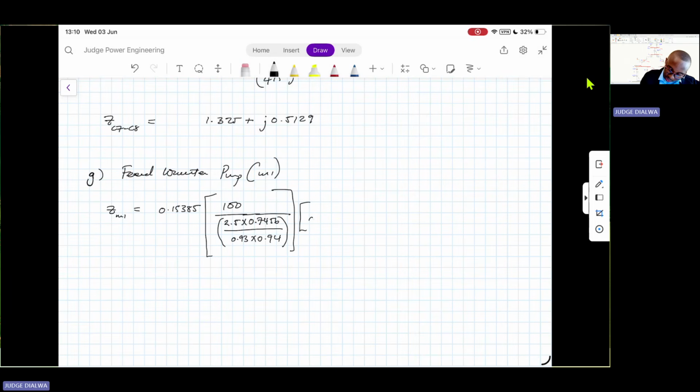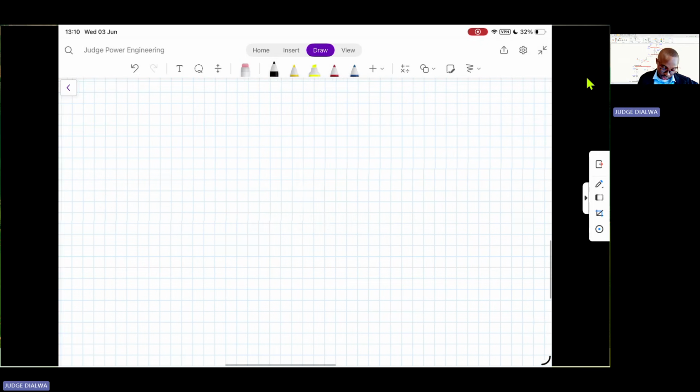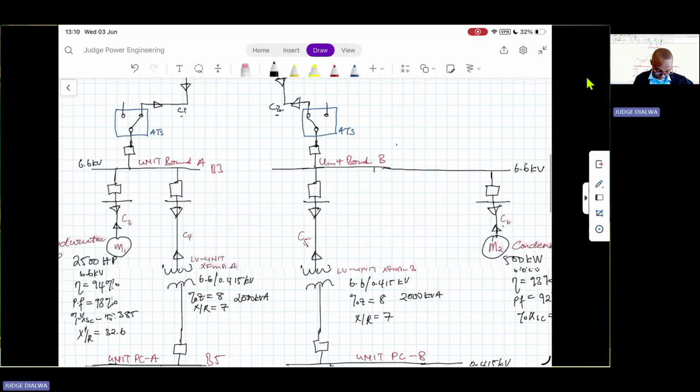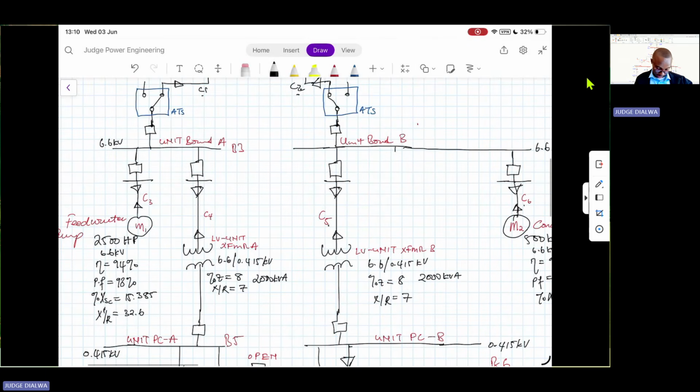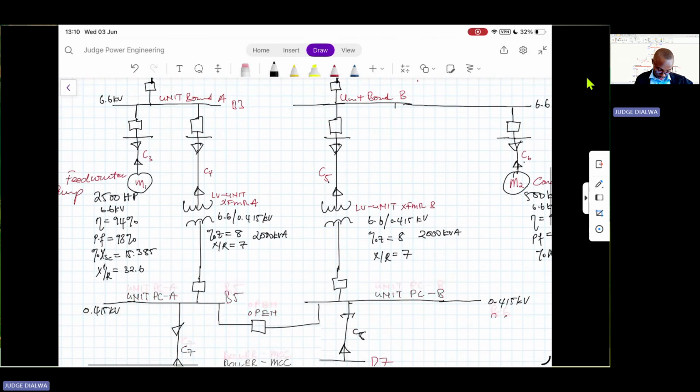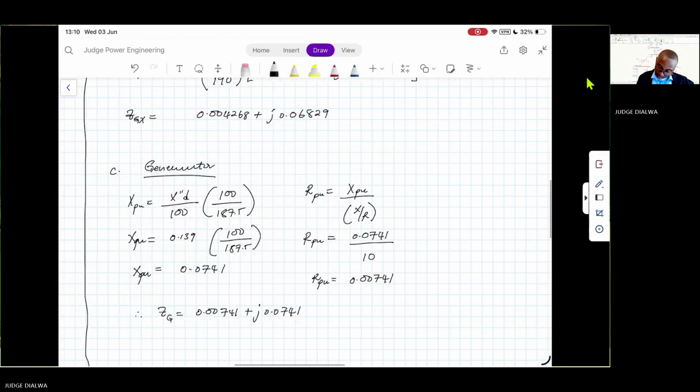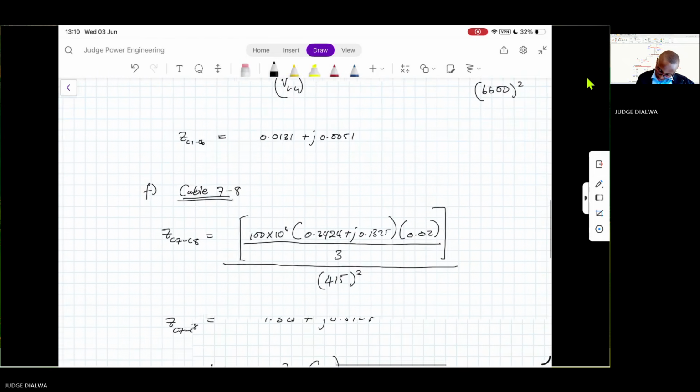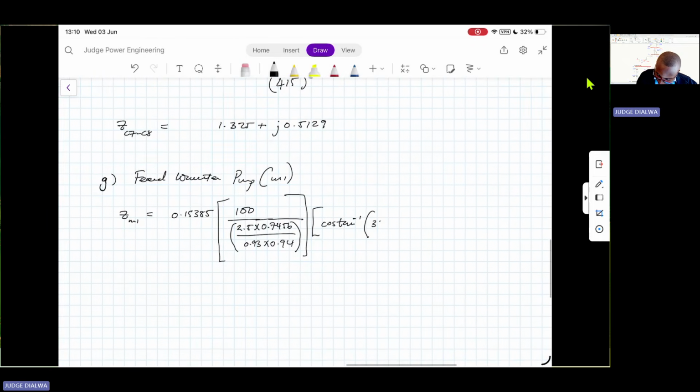Then all this is multiplied by cos arctan of our X over R ratio. The X over R ratio is 32.6. So cos arctan 32.6 plus j sine arctan 32.6.